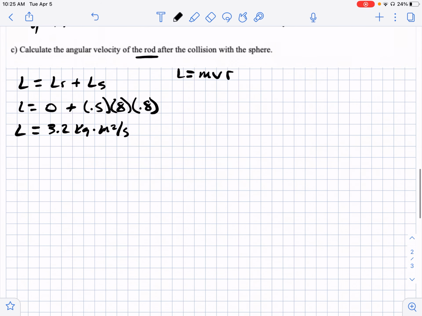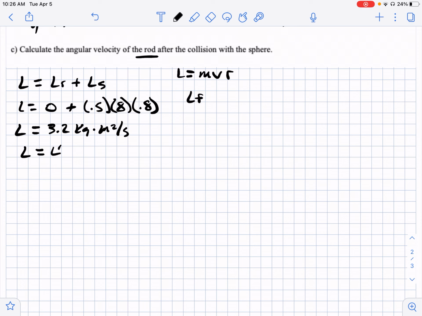And angular momentum is going to be conserved, so that means that the angular momentum of the system before has to equal the angular momentum of the system after the collision. So after the collision, the final angular momentum of the system, we'll just put an F here, is going to equal the new angular momentum of the rod plus the new angular momentum of the sphere.